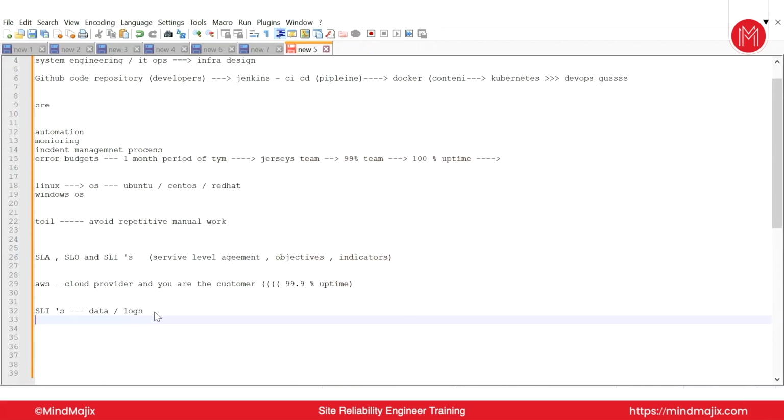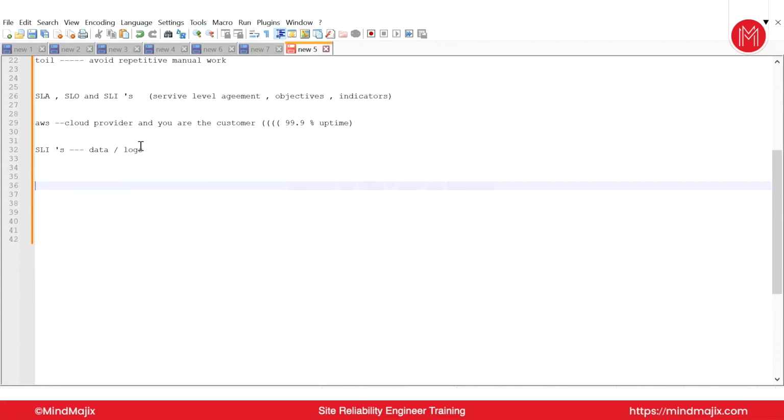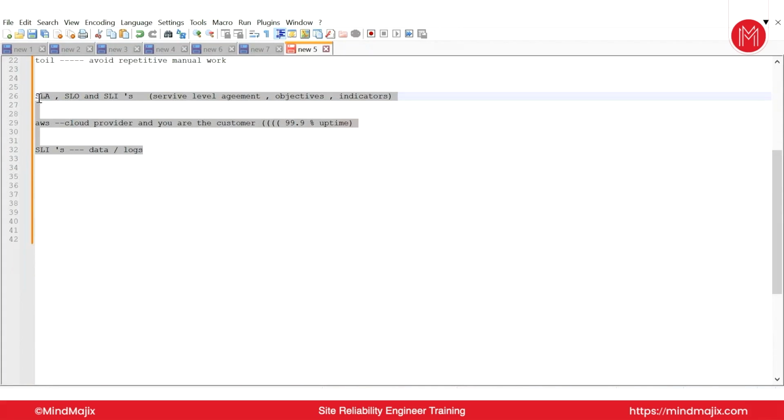We will use these as daily terms. As an SRE, you need to understand their main purposes. Every organization has its own SLA, SLO, and SLI. This is just an example. Let us say you are an SRE team monitoring some particular service.